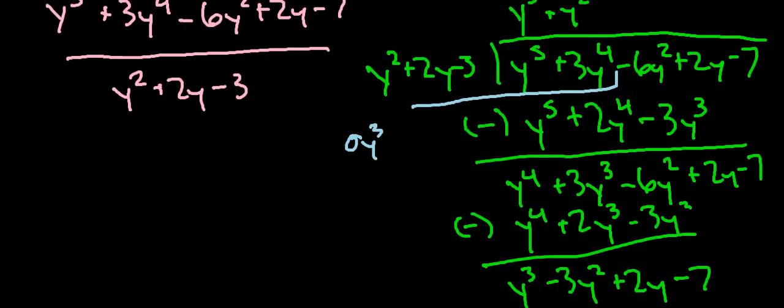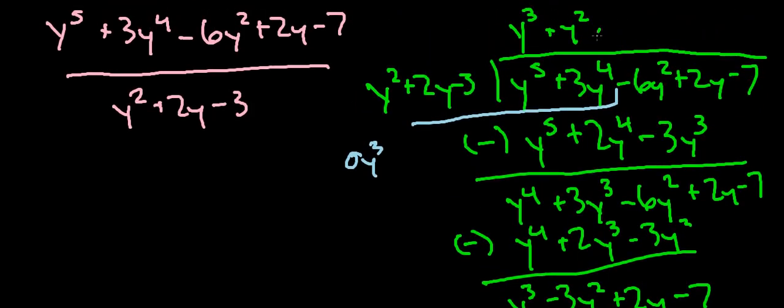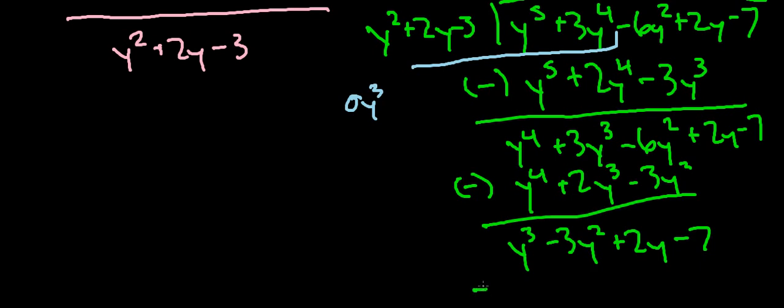So now we need to equal y cubed, and we can do that by using a y to the first. So we'll subtract y, we'll get y cubed plus 2y squared minus 3y.